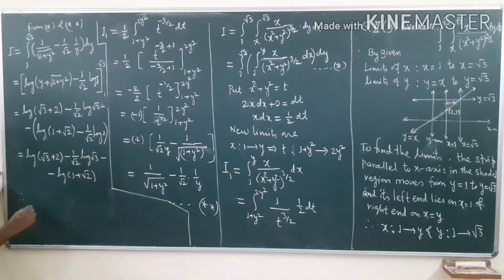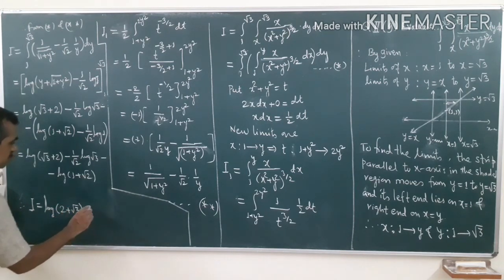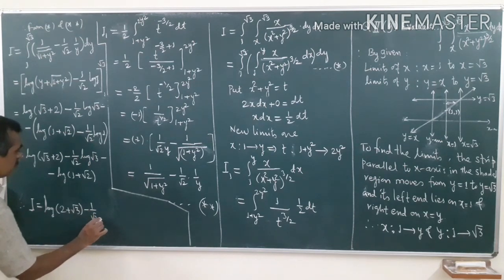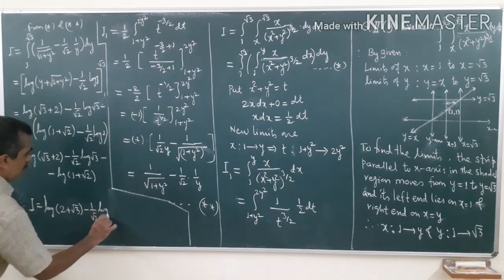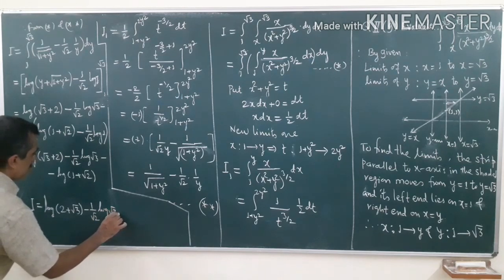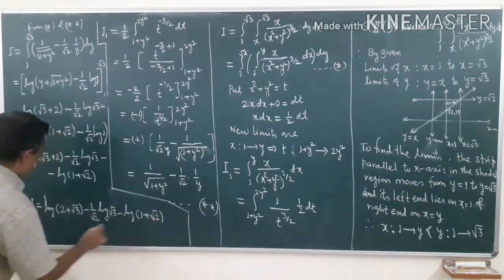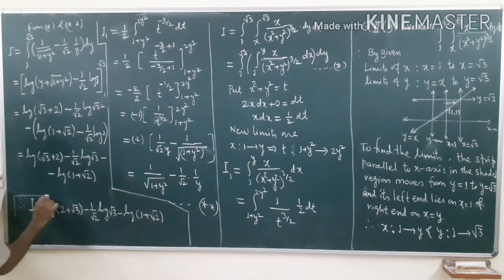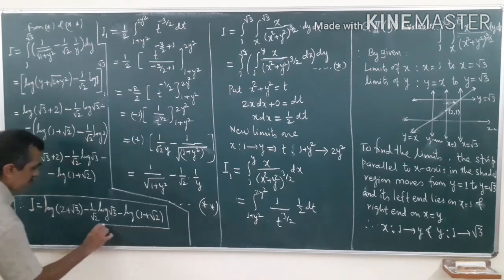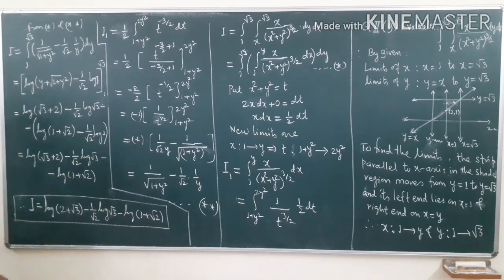So therefore my final answer is I is equal to log of 2 plus root 3 minus 1 upon root 2 log of root 3 minus log of 1 plus root 2. So this is the answer of your given problem.